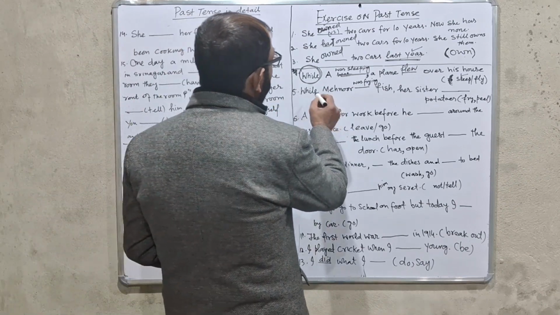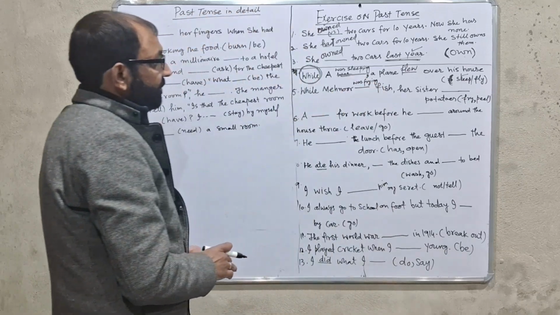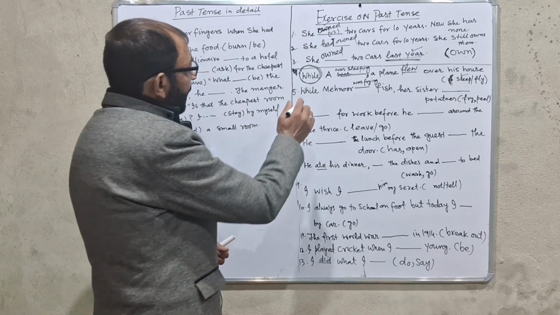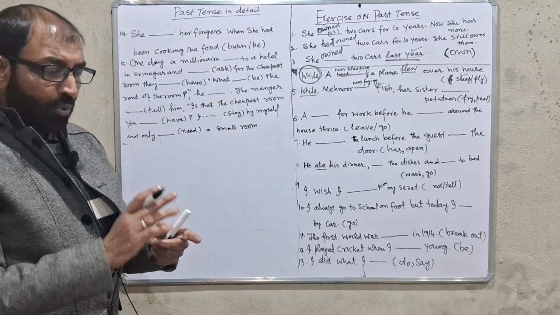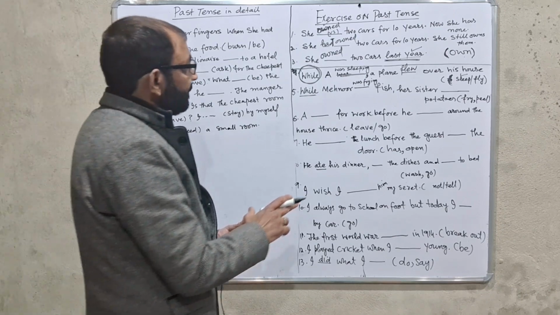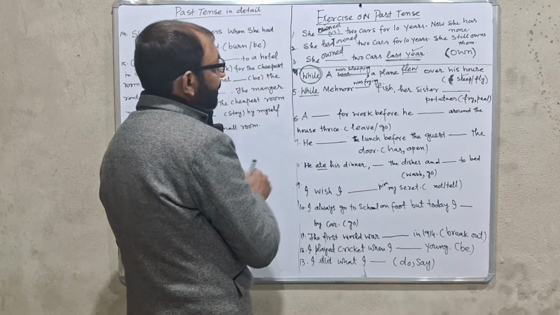Item number 4. While Mehnur was frying. It is also possible that conjunction while connects two actions, both of the actions taking place simultaneously.